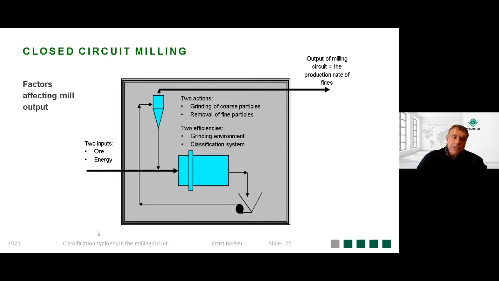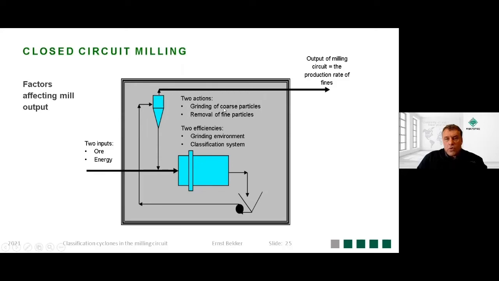How they describe this circuit is that you've got two inputs, ore and energy. It makes sense. You have an output of that milling circuit, and that's obviously the production rate of the fines.